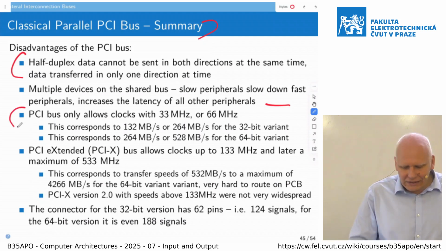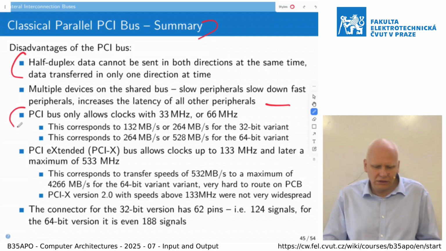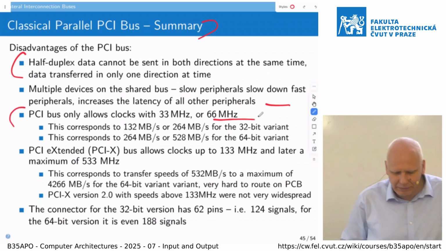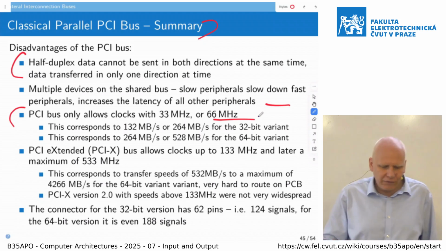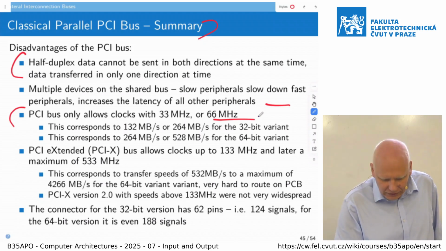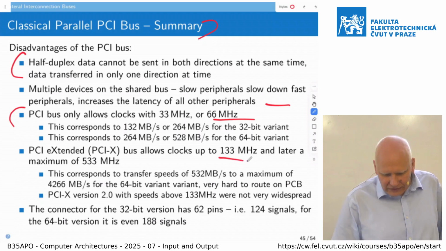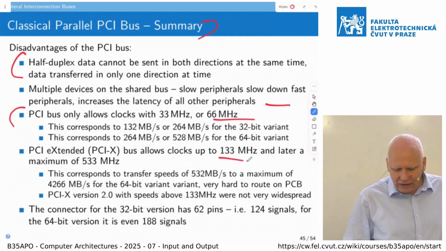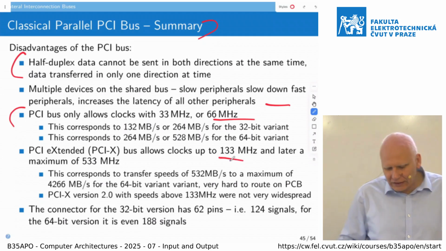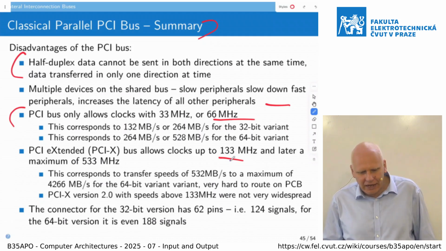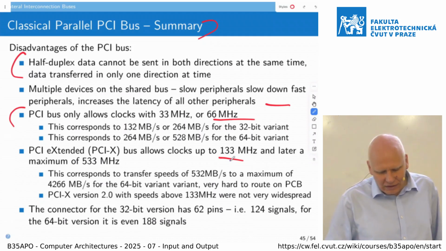Only 33 megahertz, or in another variant 66 megahertz, can be used. If you have a 64-bit variant, then PCI-X allows extending up to 133 megahertz, but that is quite a big problem.